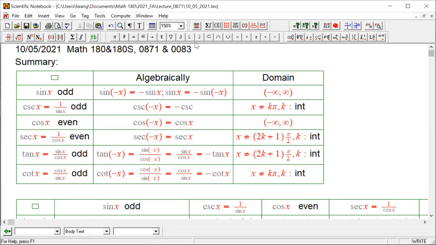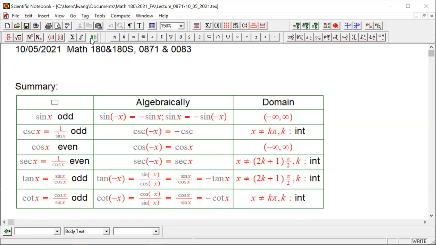Today during my office hours, one student visited and we went over some stuff about secant and cosecant. Remember, I gave you a study guide about secant and cosecant for domain, range, and the calculus perks.